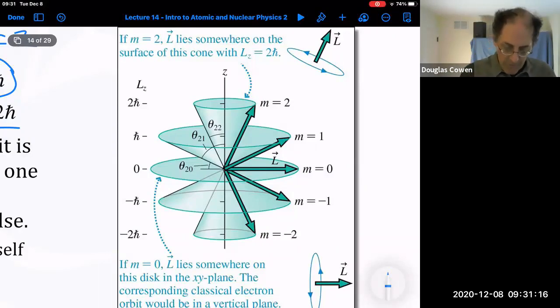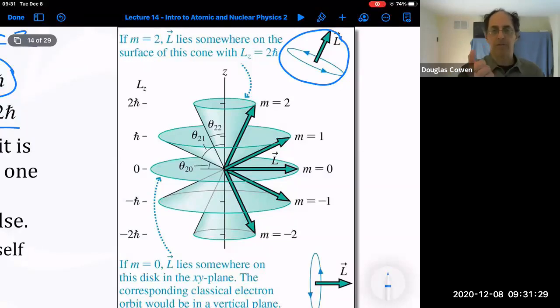So if you focus your attention on this m equals 2 vector shown here, it corresponds to an orbit that's tilted at that angle. And if you run your fingers around the direction of that orbit, then your thumb will point in the direction of L in that case.